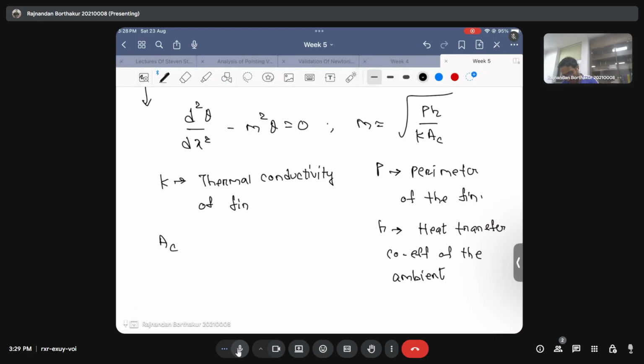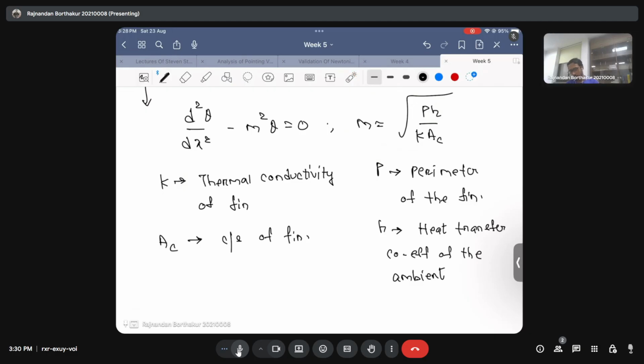And AC again is the property of the fin, it's the cross-sectional area of the fin. So you saw that in m there are actually three fin properties: the perimeter of the fin, the thermal conductivity of the fin, and the cross-sectional area of the fin. And it also depends on the heat transfer coefficient of the ambient fluid, that is H.